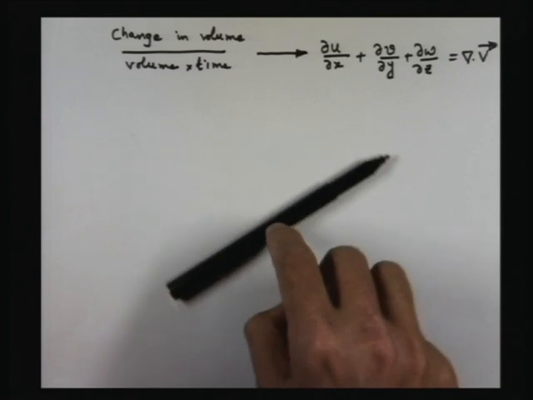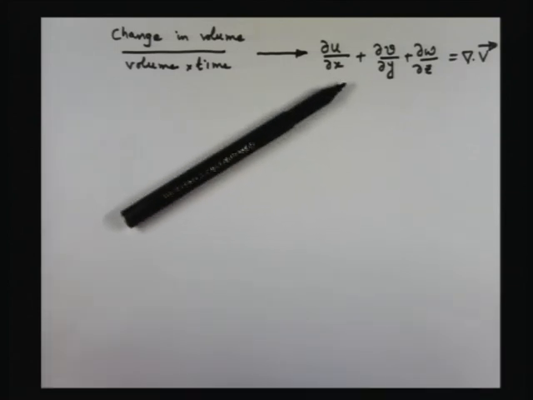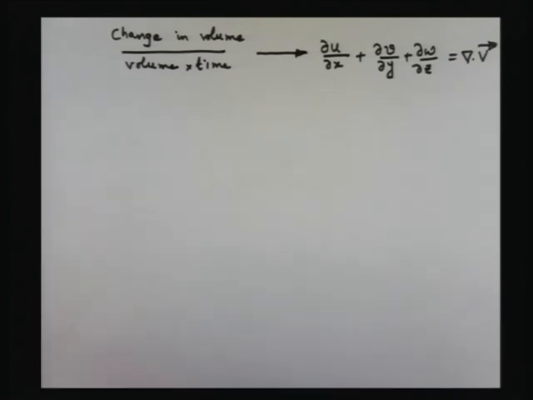So, if the divergence of a velocity vector is 0, then what does it mean? It means that there is no change in volume of a fluid element. If there is no change in volume of a fluid element, that means that the flow is incompressible.